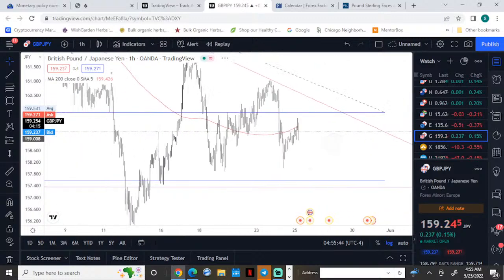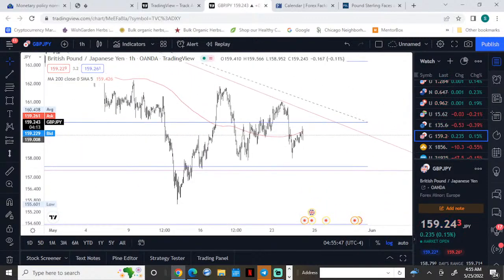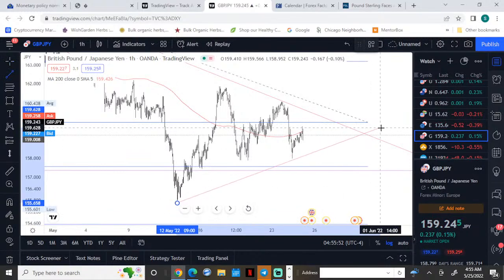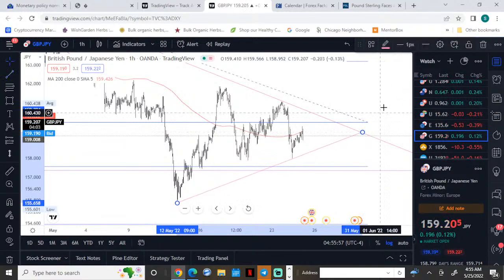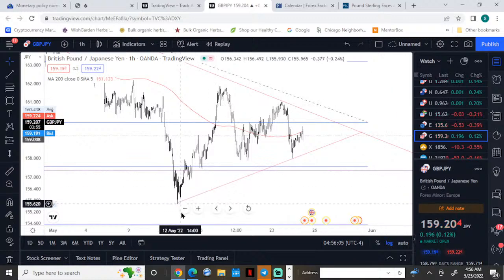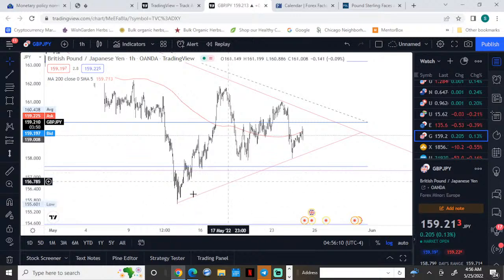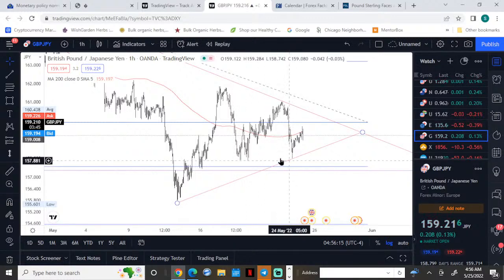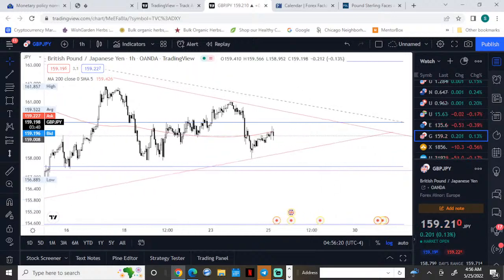So I think we have, okay, we got another trend line here on the hourly. That's nice. This would be an ascending triangle because price is making, well, we got one higher high, and then we got equal lows right here, which I am going to mark support and resistance right here.